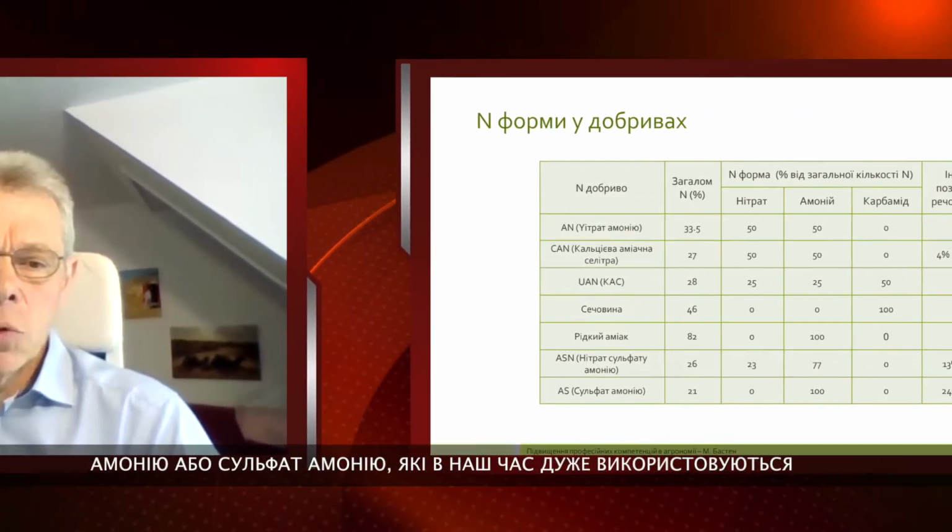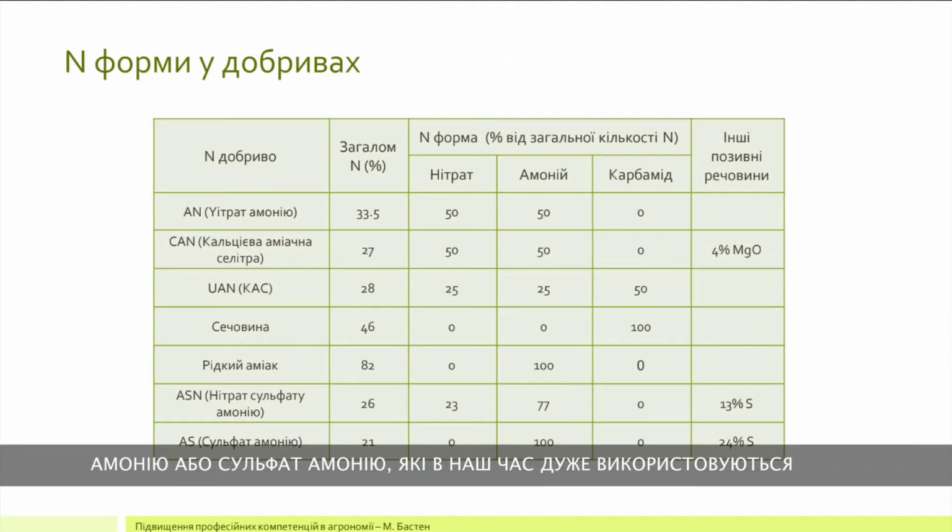I would like to highlight only the sulfur-containing nitrogen fertilizers like ammonium sulfate nitrate or ammonium sulfate, very much used as a sulfur source in agriculture these days because of the increase in sulfur demand all over Europe and also globally. But we will talk about sulfur later.